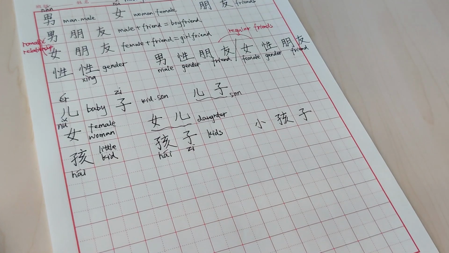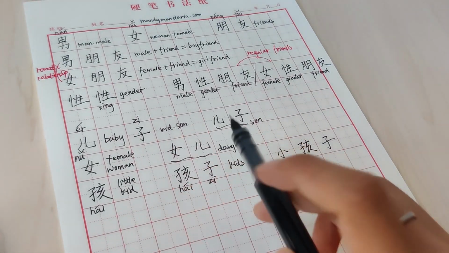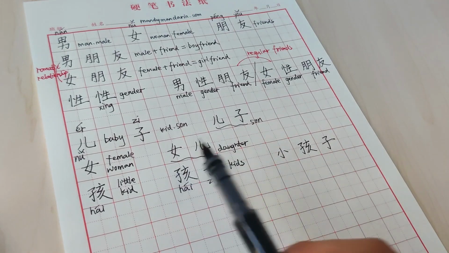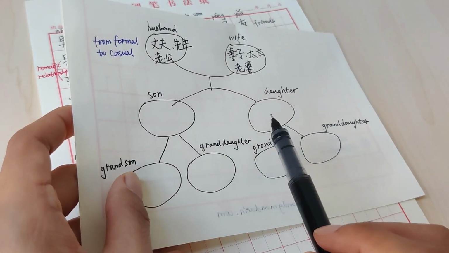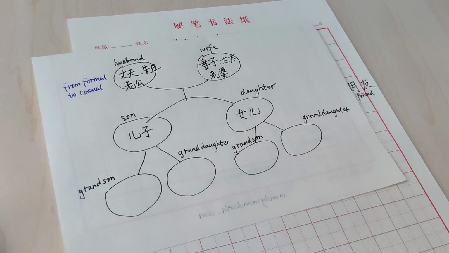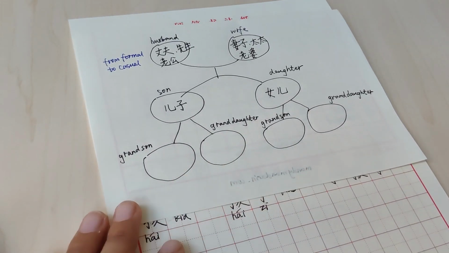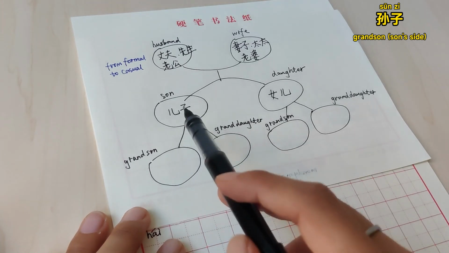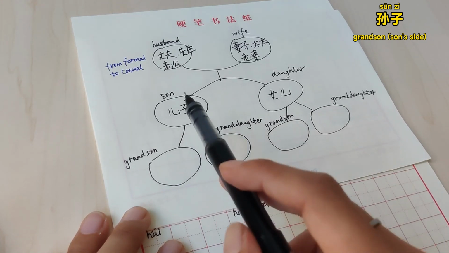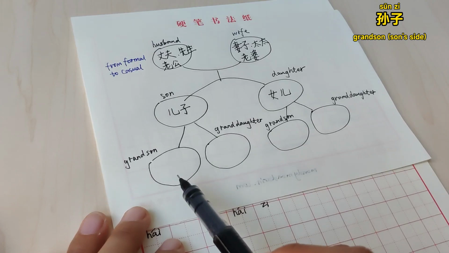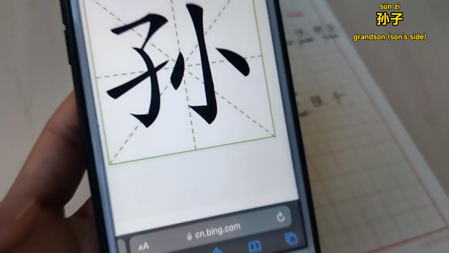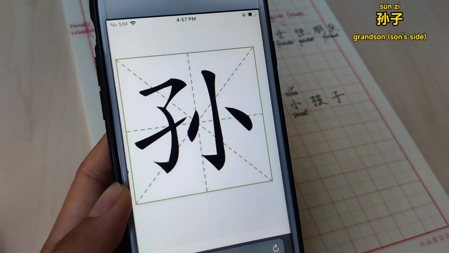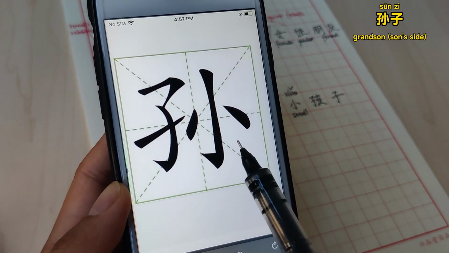Okay, so now let's take the words 儿子 and 女儿 and fill in the blank. Very good. Now let's take a look at the grandson. The grandson from the son's side. So the man's side, that would be 孙子. And this is how we write the 孙. It's a left-right structure.